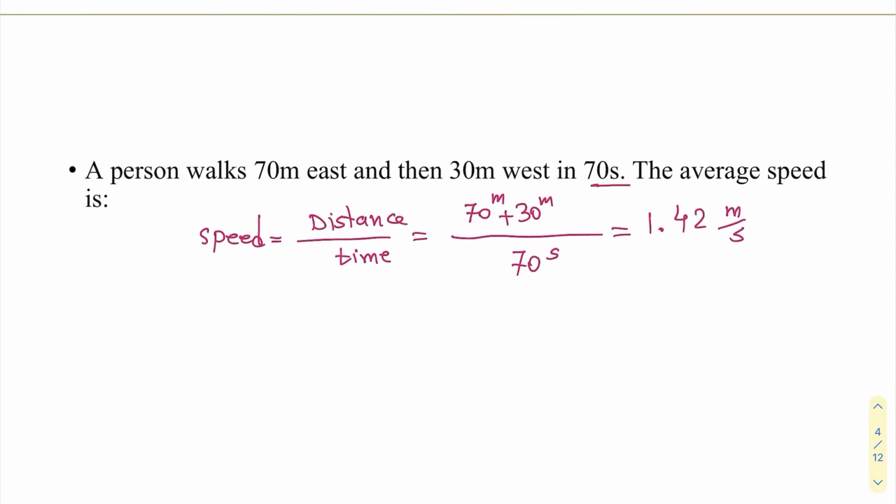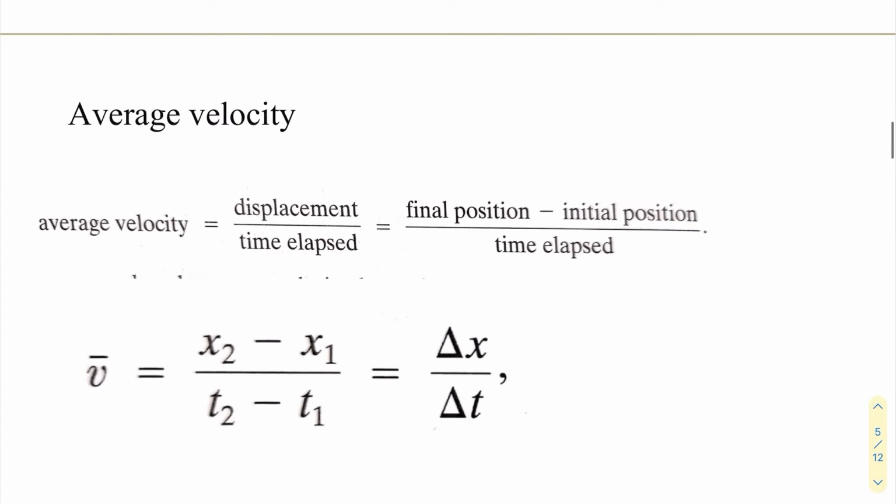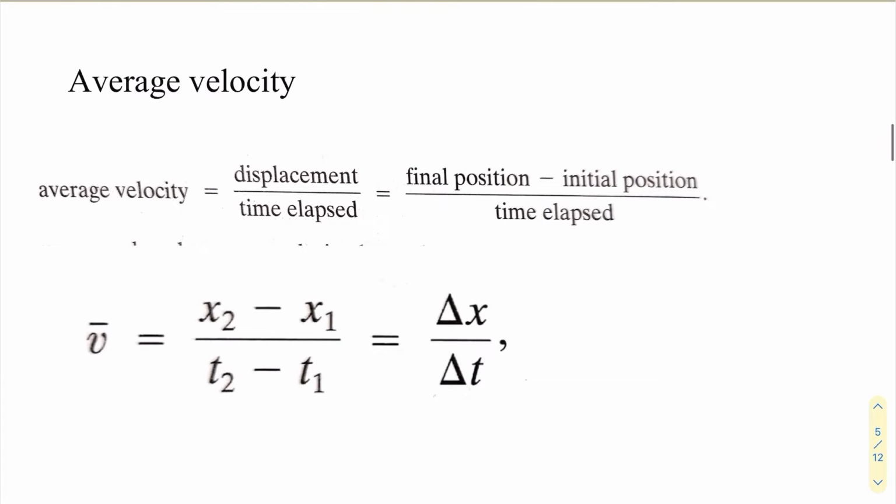And about velocity, average velocity. Average velocity means displacement over time. The symbol for showing the change of the position or displacement, because displacement is defined as the change in position, change of position, we can write like x2 minus x1, which is in fact delta x.